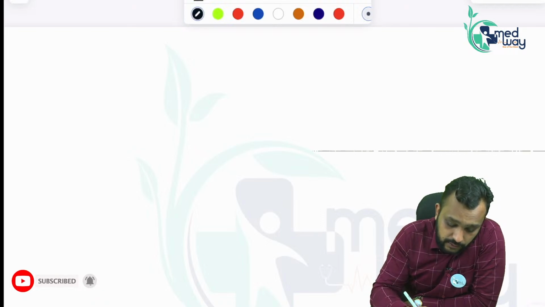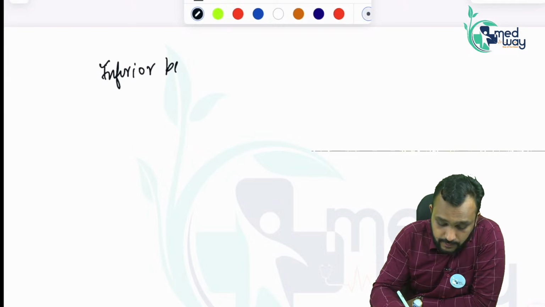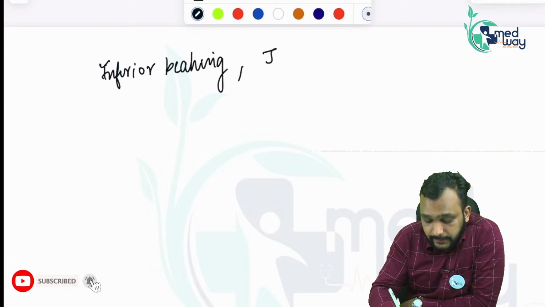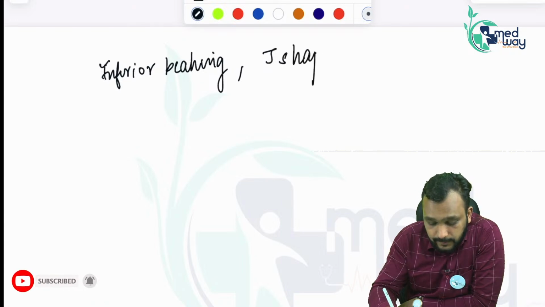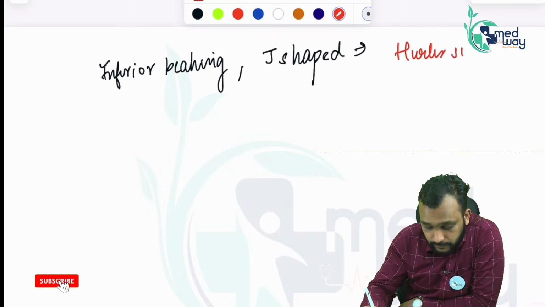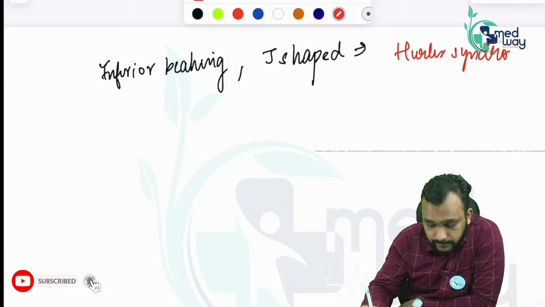So if I talk about inferior beaking of vertebra along with J-shaped sella, this will be seen in patients with Hurler syndrome, right.